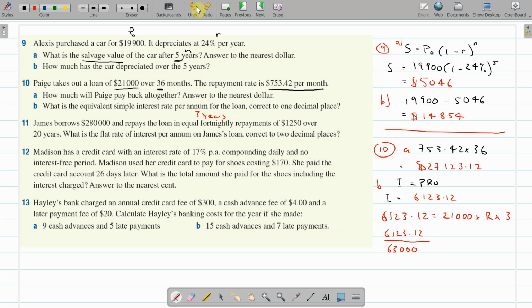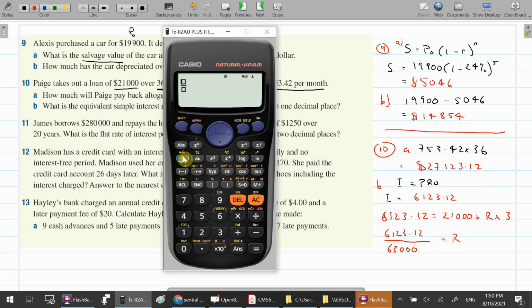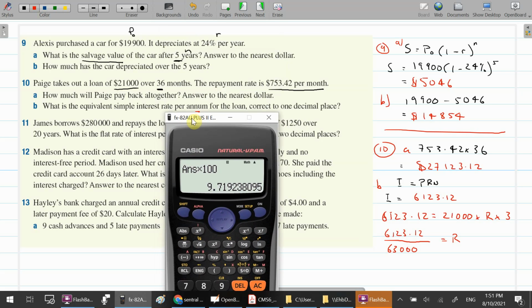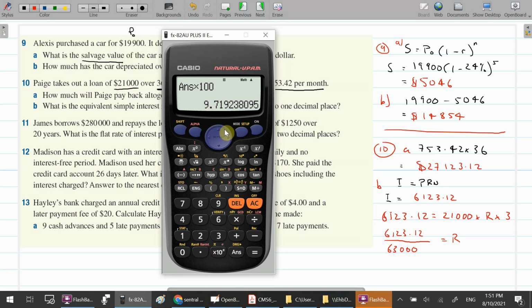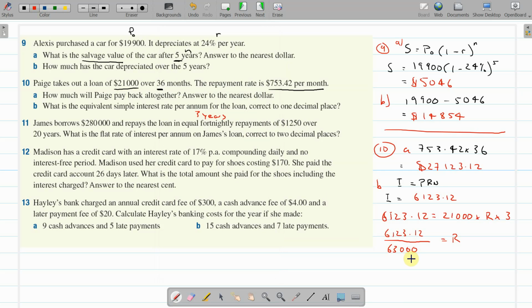And that will be our rate. Let's do that. $6,123.12 divided by 63,000 equals, and that's the rate in decimal, times 100 to get the percent, 9.7. What's it wanted in? One decimal place, 9.72. Yep, 9.72% is the answer to 10B.